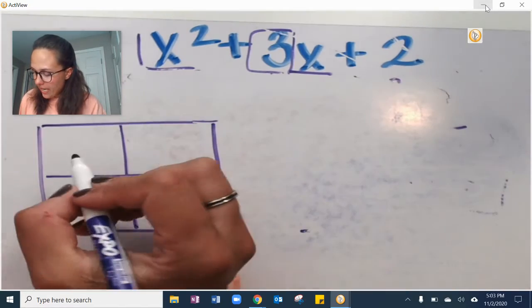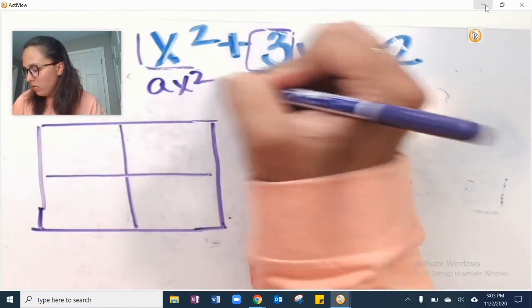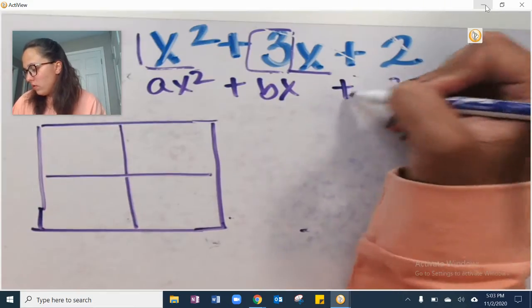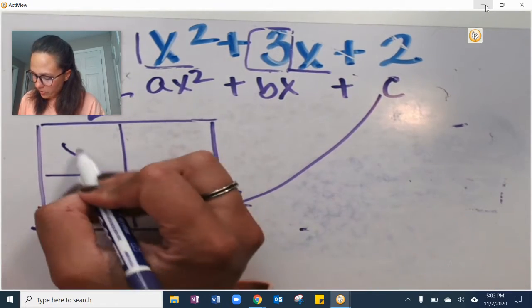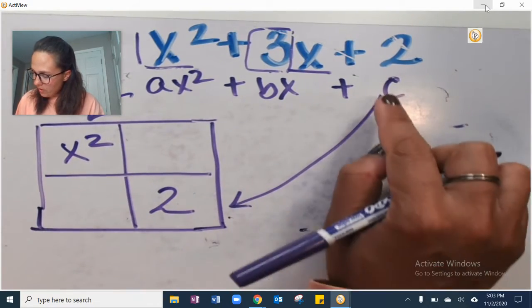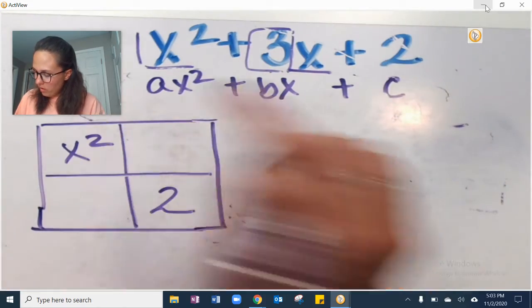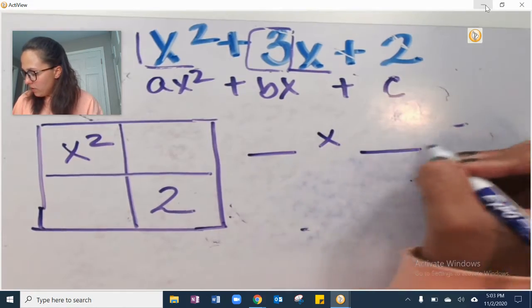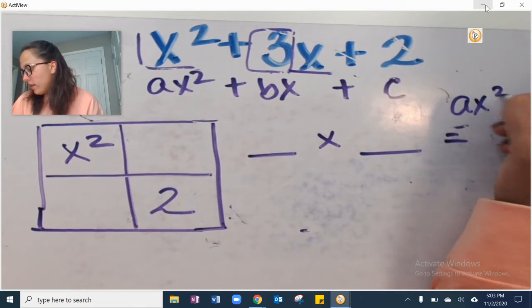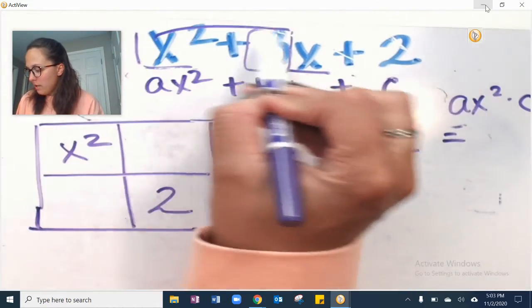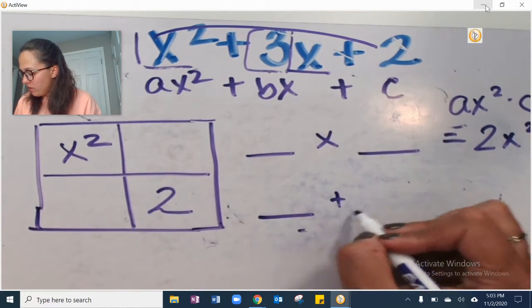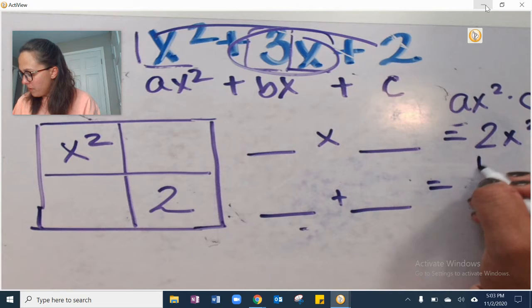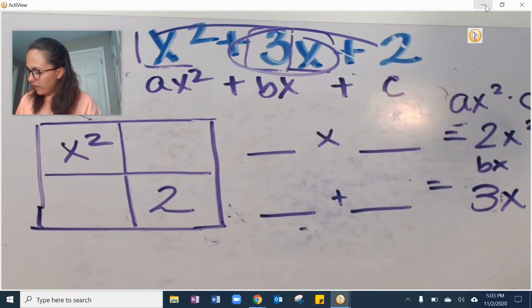And then we're going to put the ax squared term, so this goes here, and that goes down there, so x squared and 2. And then we want to figure out what multiplies to our ax squared times c terms. So this times this will just be 2x squared. And then also adds to our b term, bx, right, which is 3x. So we want to figure out what multiplies to 2x squared and adds to 3x.